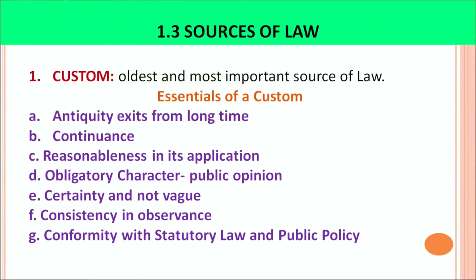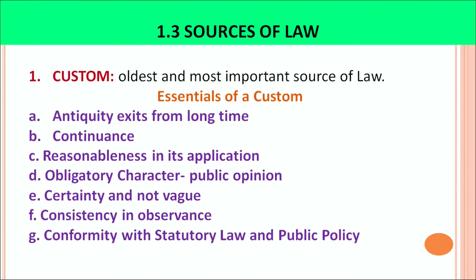Through continuous observance of a particular rule, it gets crystallized. There is general acceptance among the masses with respect to a particular custom. So whenever law is framed, we do rely on these established customs, and if they are according to public policy, they can find a place in the final legislation.